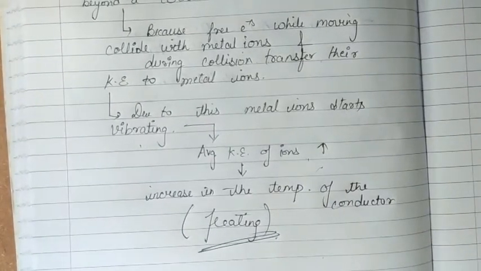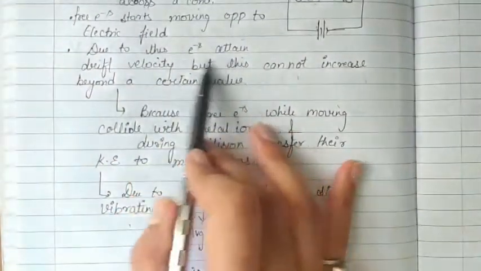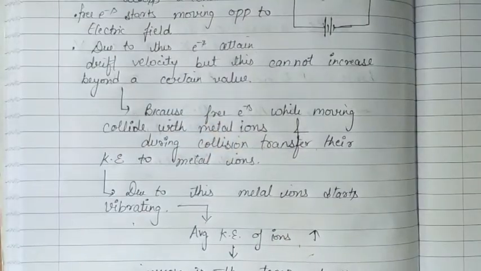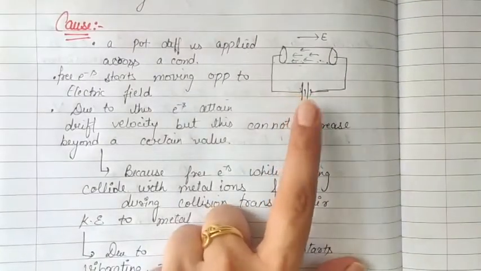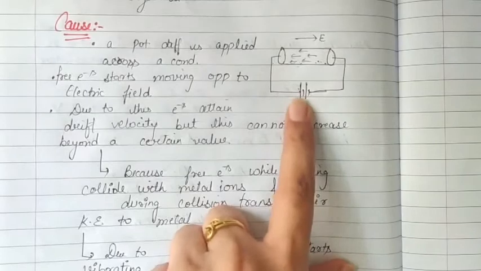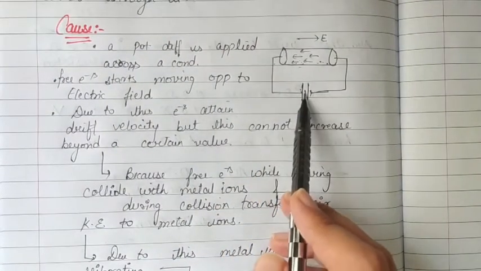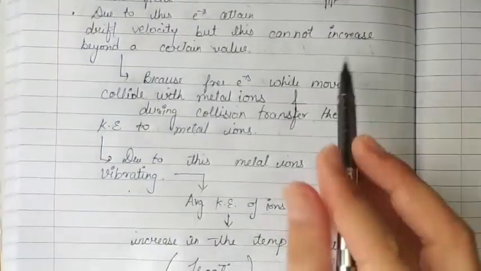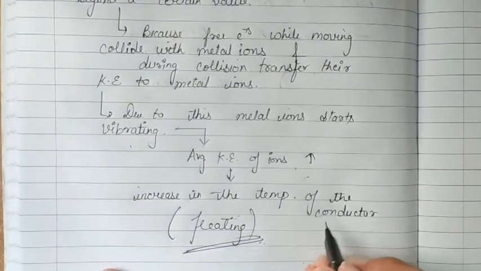So what we can see, due to the flow of charges, due to the electrons जिन्होंने drift velocity attain किया, या electrons के flow की वजह से जो हमें मिला, किसकी वजह से है, this EMF source की वजह से. So EMF का source लगाने से जो electrons का flow हुआ या current flow हुआ circuit के अंदर, उस current के flow की वजह से हमें जो result मिला final, that is the heating. Means increase in temperature of the conductor.